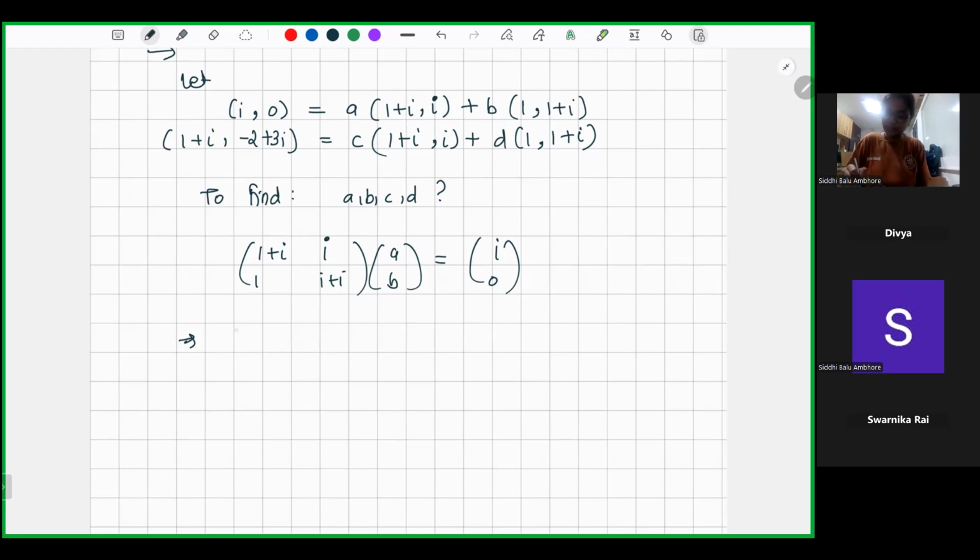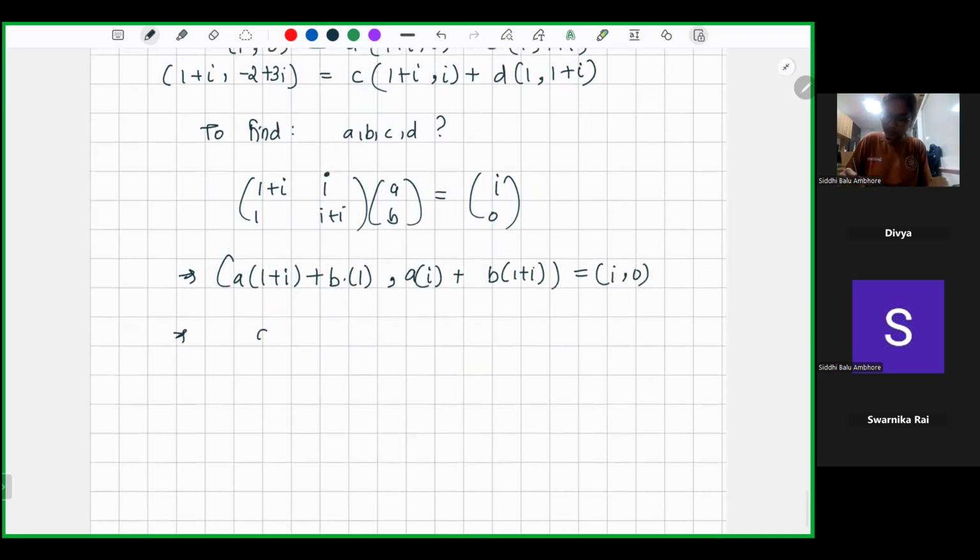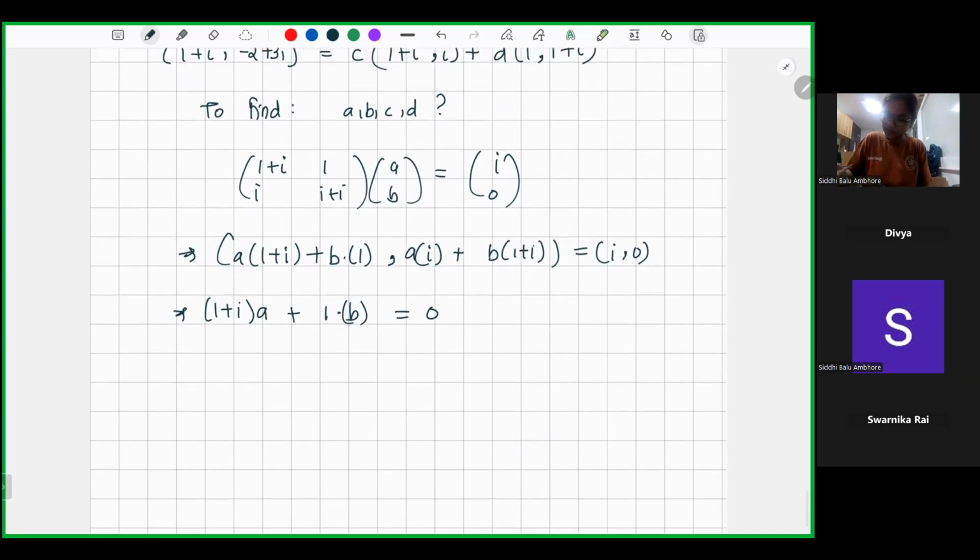Let me just write it properly: A times (1+i, 1) plus B times (i, 1+i), and I want this to be equal to (i, 0). So this is (1+i)A plus 1 times B equal to 0, and this is i times A plus (1+i) times B. This I want to be 0.